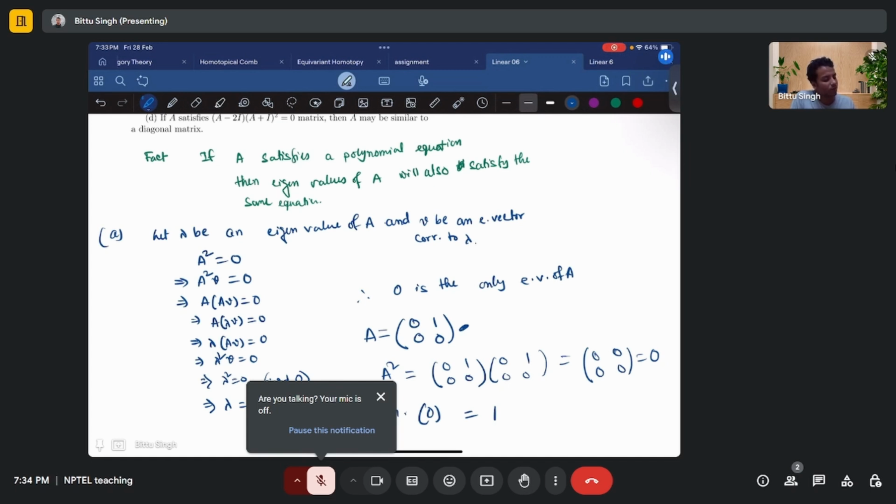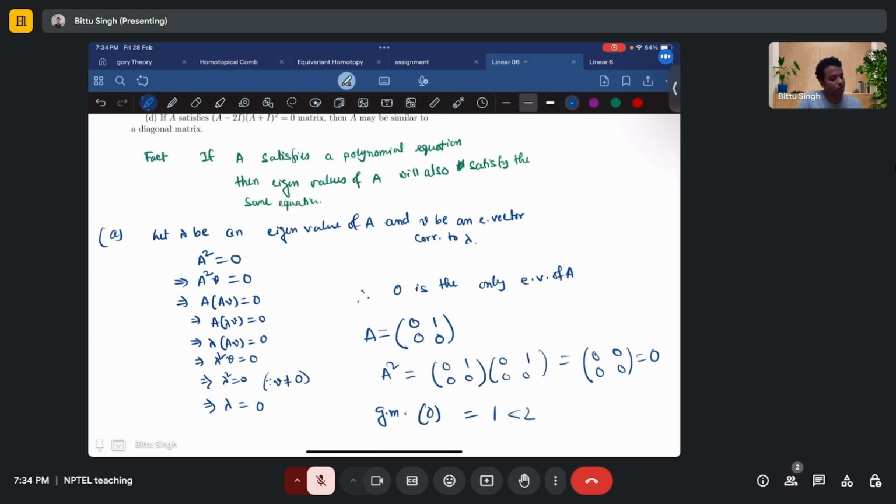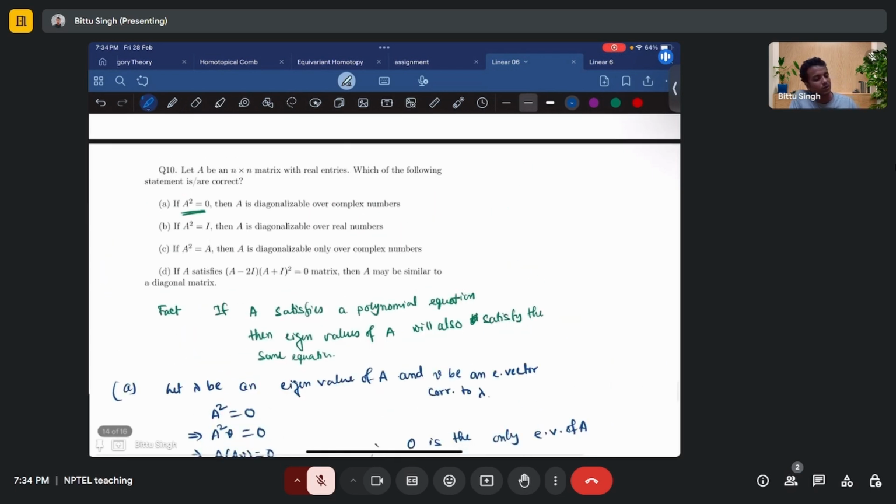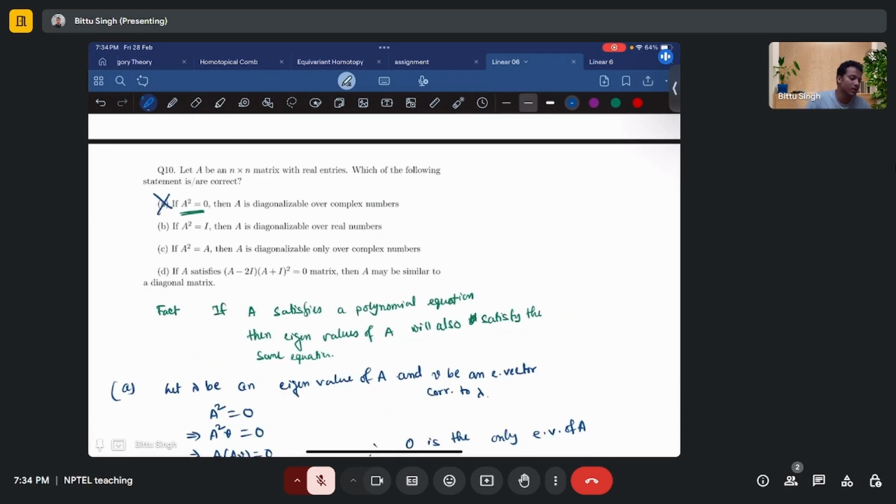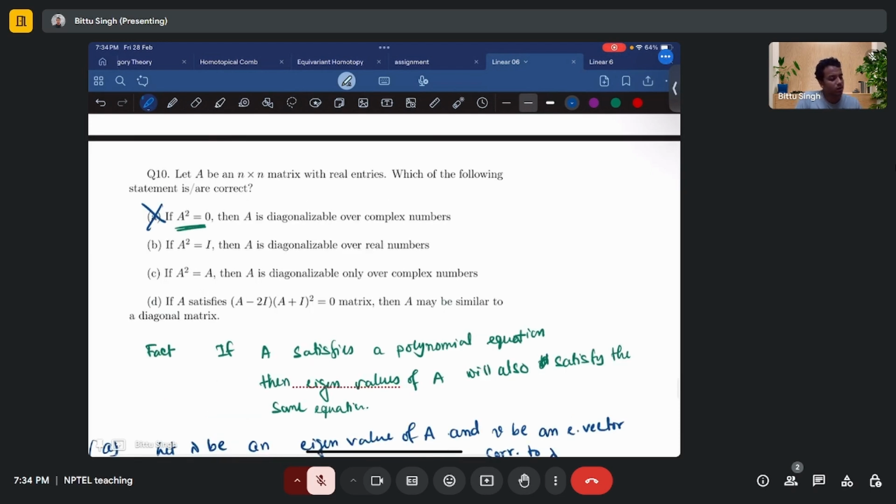So the geometric multiplicity of 0 is 1, which is less than 2, the algebraic multiplicity of 0. 0 occurs twice here. So the geometric multiplicity of 0 is less than the algebraic multiplicity of 0. So this is not diagonalizable. So we have successfully constructed a counterexample which shows that A satisfies this equation, but A is not diagonalizable.